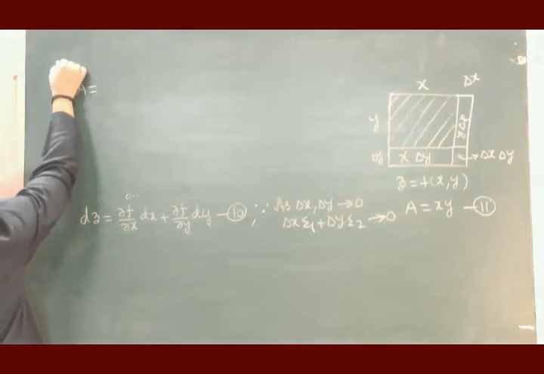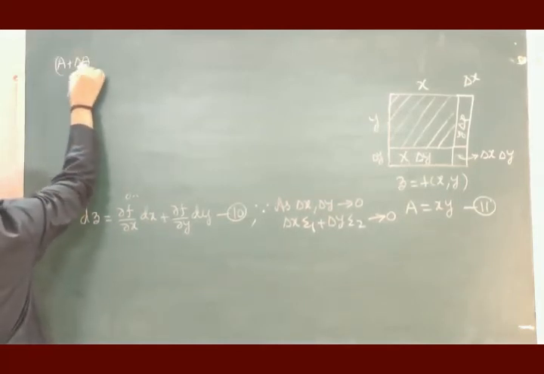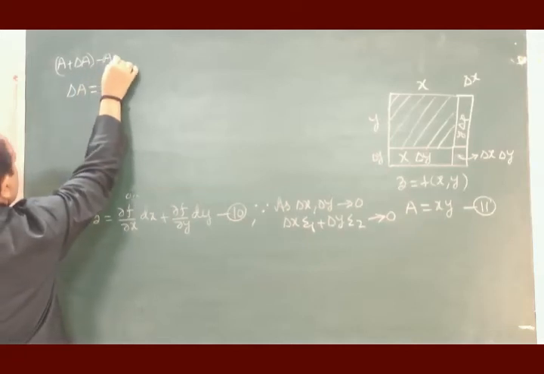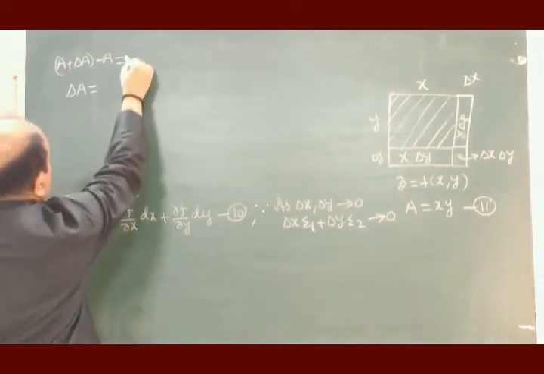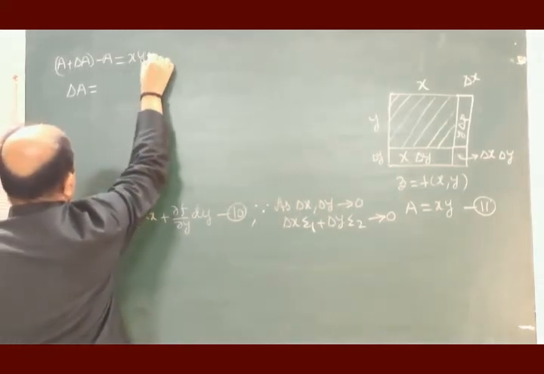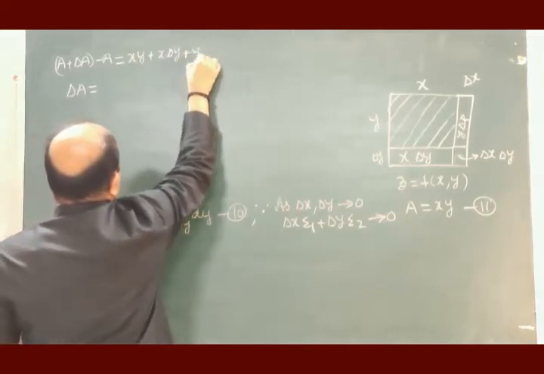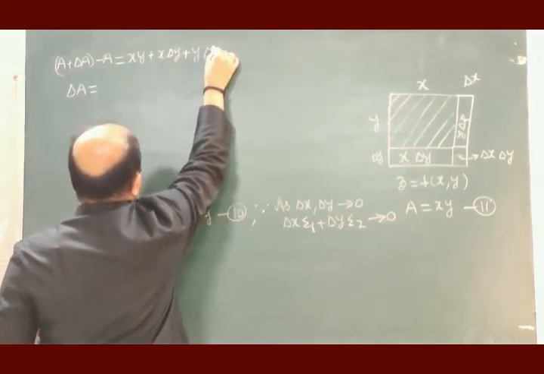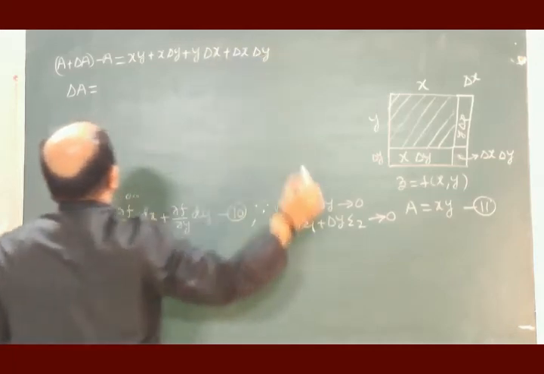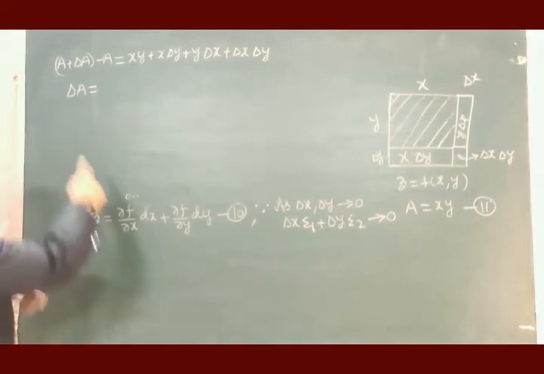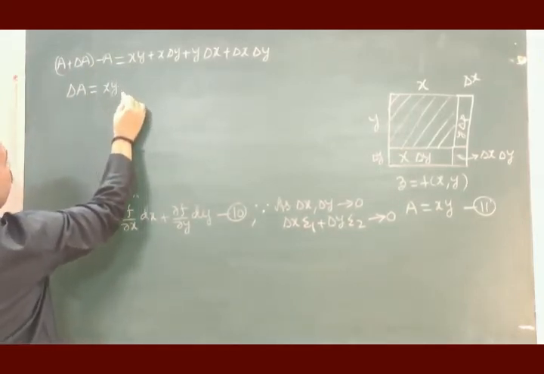This is given by A plus delta A minus A. What is A plus delta A? xy plus x delta y plus y delta x plus delta x delta y.